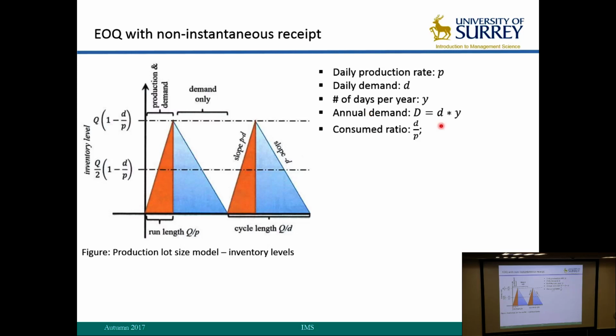And so the consumed ratio is always D divided by P, because every day we can produce P, but every day the market requires D. So this is the consumed ratio.